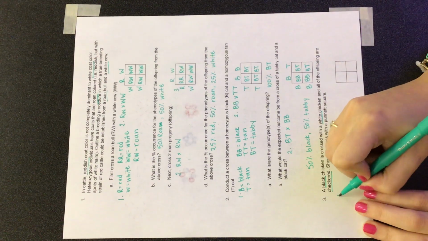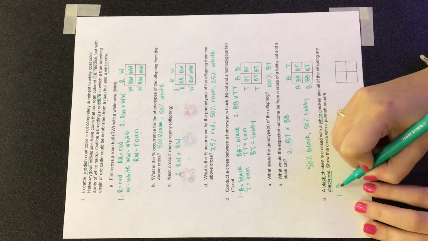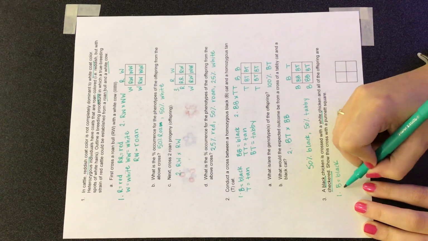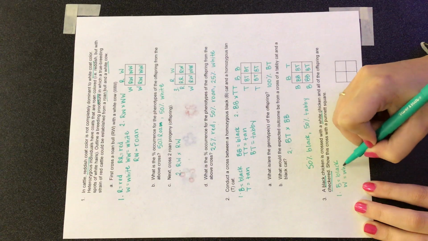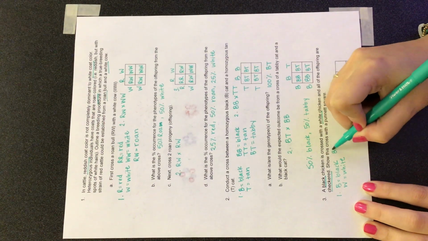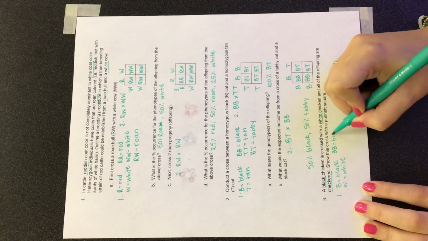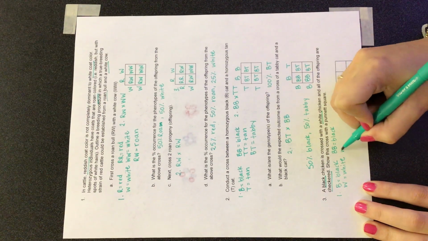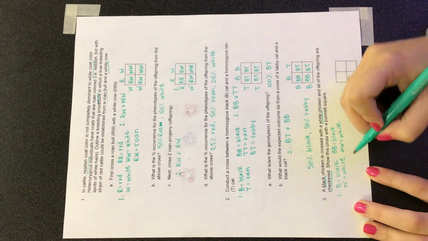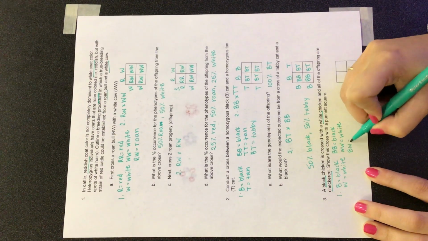So for step number 1, I'm going to identify B as black, W as white, BB as a black chicken, WW as a white chicken, and BW is a checkered chicken.